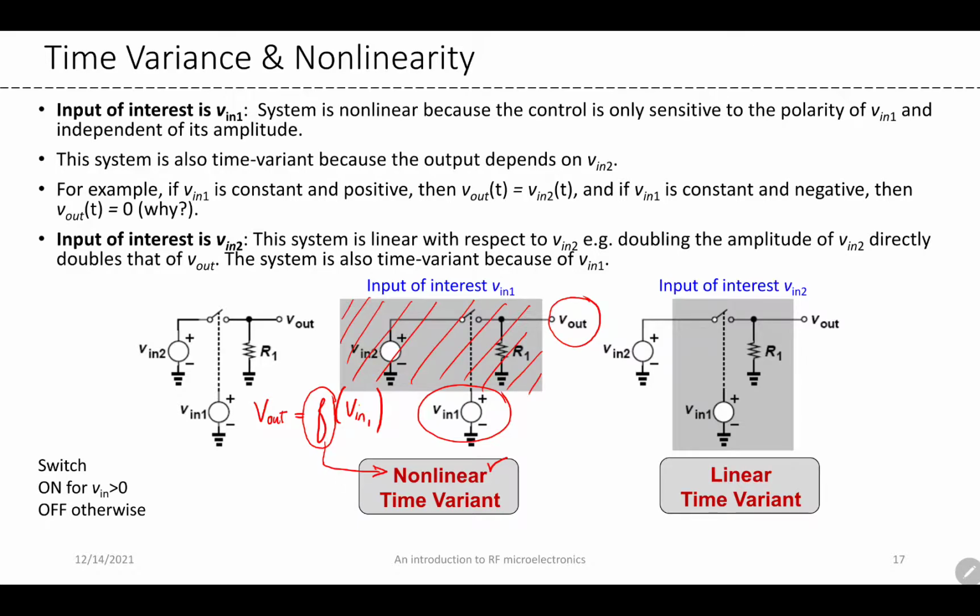Now how do we calculate that, or how do we understand if it's time invariant? Now what you do is you simply think of, again, if V in 1 is greater than 0, then V out is V in 2. If V in 1 is less than 0, let me put T's in there.